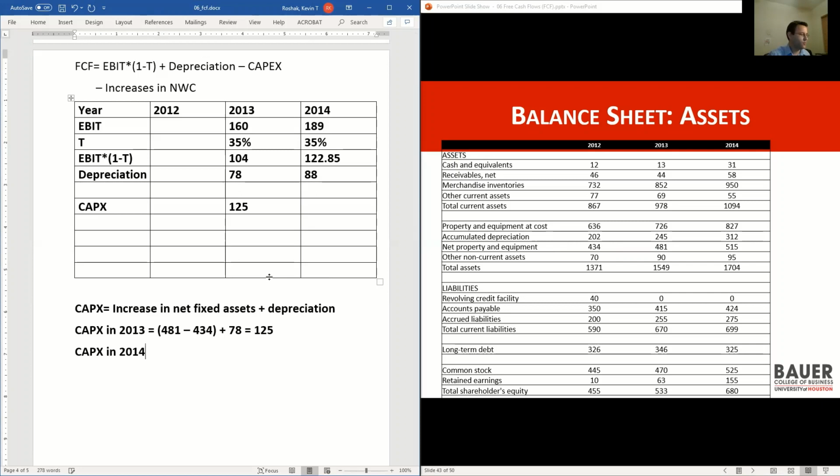Likewise, we'll do the same thing in 2014. Our net fixed assets in 2014 ended at 515. They started at 481. So again, it looks like we're buying stuff. If our balance is increasing, we've increased our investment into the company.